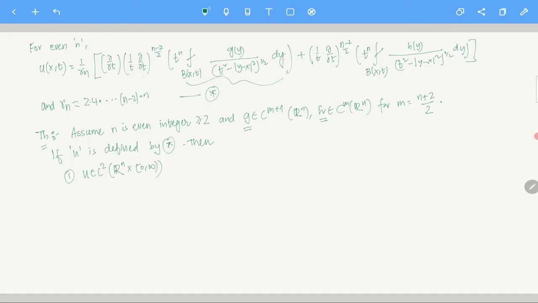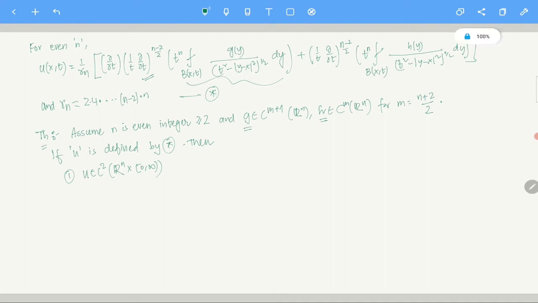After that you have to accommodate the derivatives, one derivative here and this (n-2)/2 times derivative here, and once you do that you can see that u is in C^2. This is not a very difficult thing to do, so please do that part.